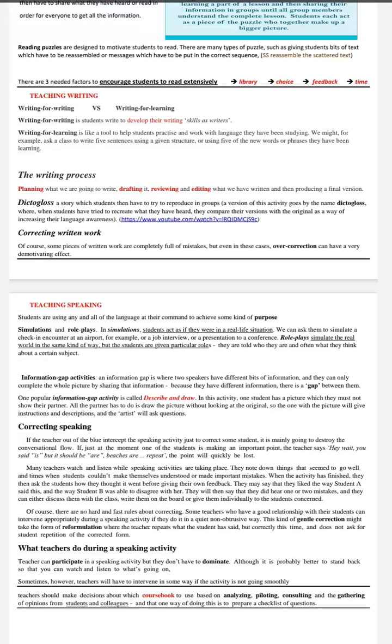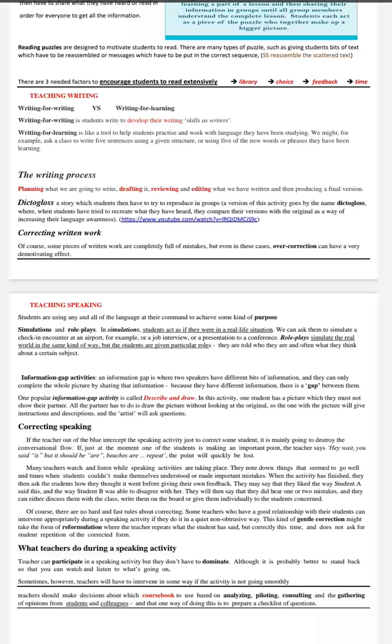Correction in speaking. If the teacher intercepts the speaking activity just to correct some students, it is mainly going to destroy the conversational flow.